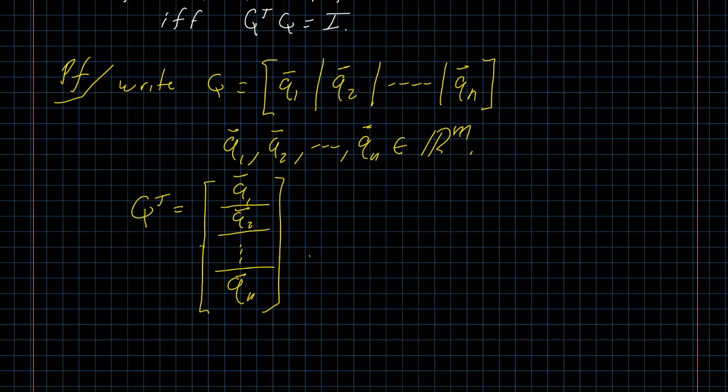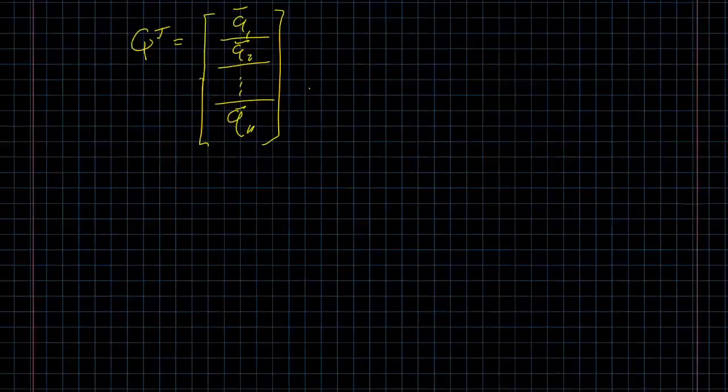See if I can fit this all on the screen, but I don't think I'll be able to. If I multiply Q transpose times Q, remember matrix multiplication, we want to take the row of the first matrix and dot it with the corresponding column of the second matrix. So it's going to be q1.q1, q1.q2, all the way down through.